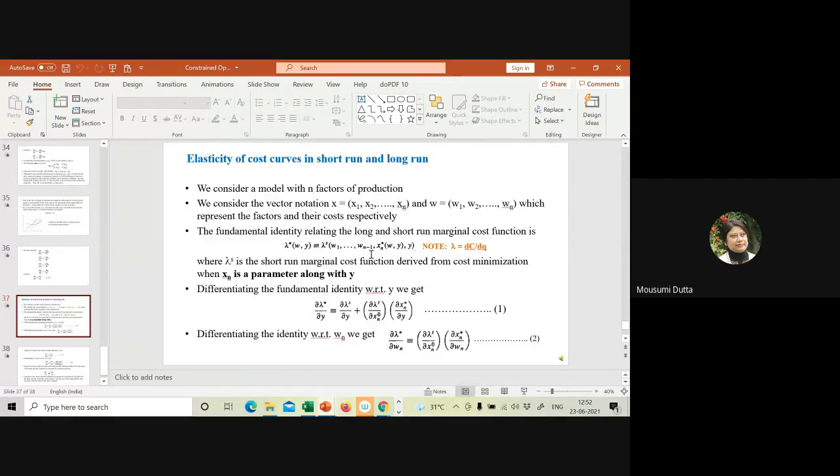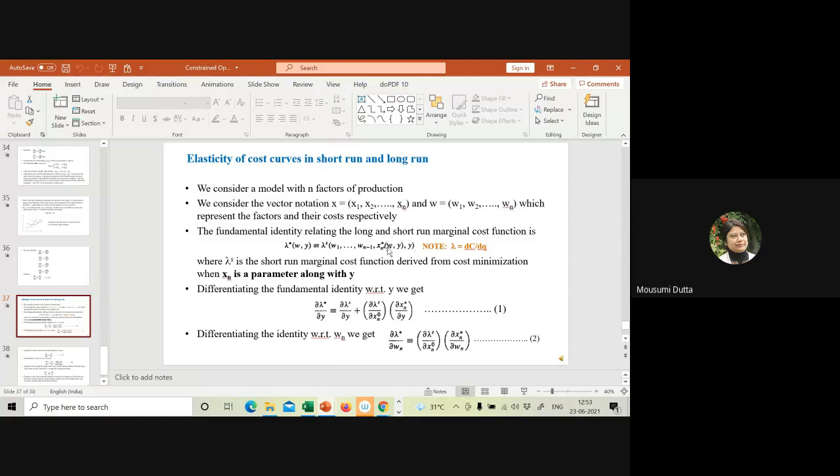Because at least one factor should remain constant. If I consider the nth factor remains constant, it will be a function of W1, W2 up to Wn minus 1, comma, Xn star. Xn star is the input which we are keeping fixed in the short run, which we are not varying in the short run.